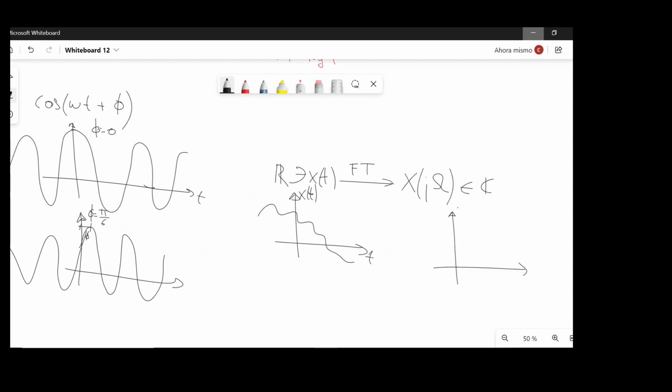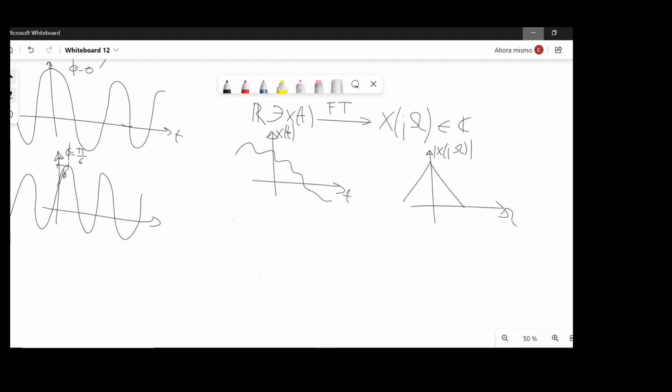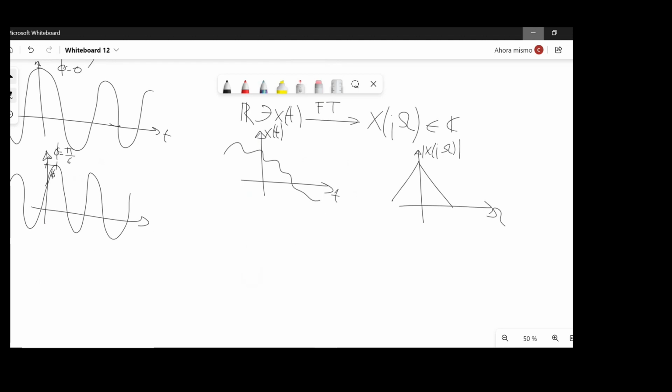So what is the amplitude of it? Normally it looks like this. You are familiar with this kind of representation, because these are complex numbers and you can only represent real numbers. So you represent the amplitude, for instance, and you can also represent the phase. Actually, it has to be symmetric, so I will make it symmetric.